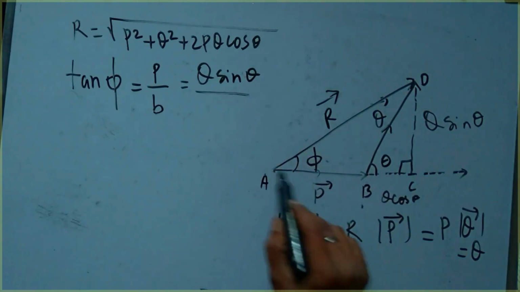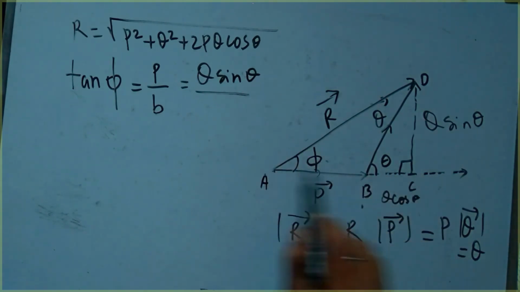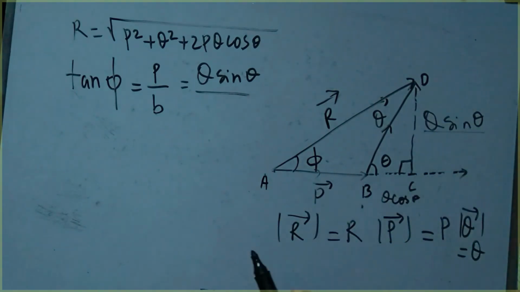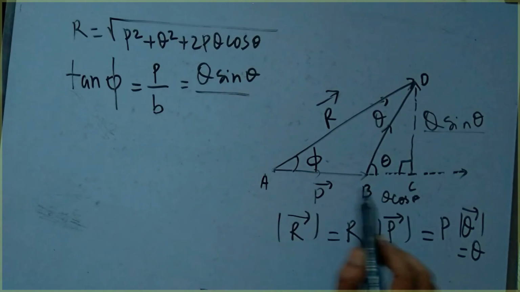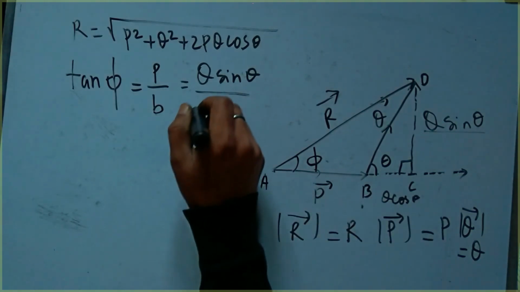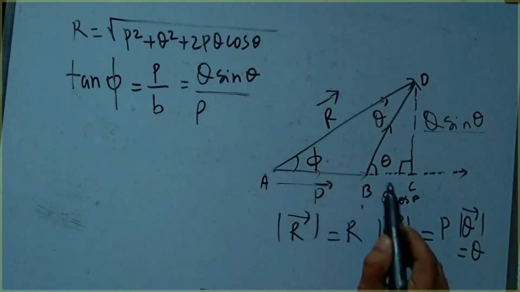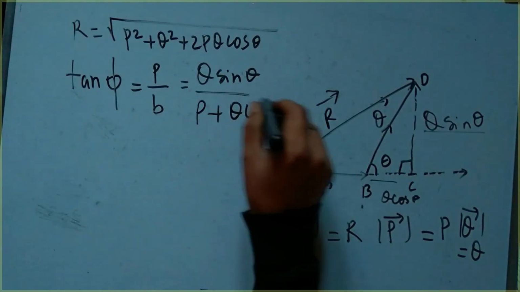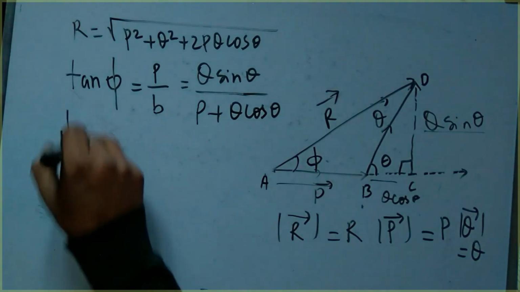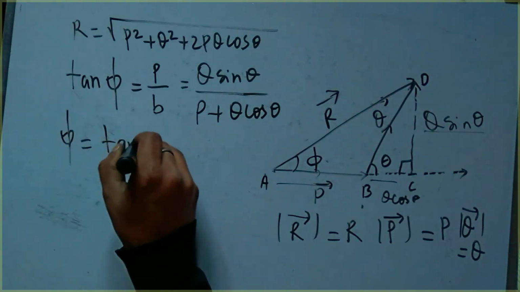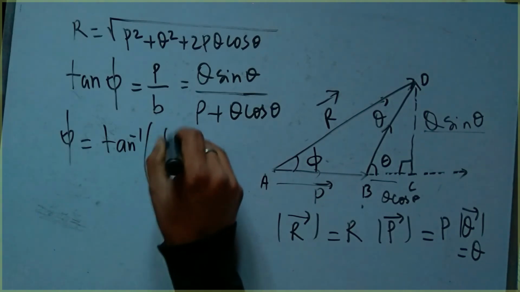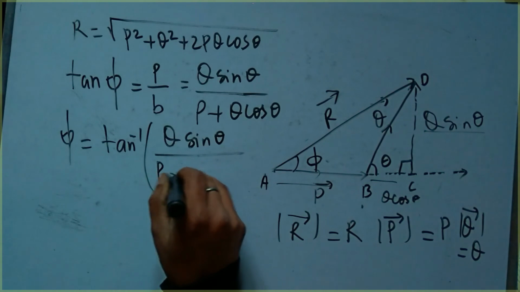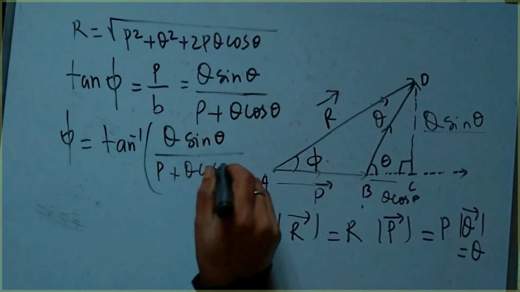We have taken this triangle ACD, so this is the perpendicular, and we have the base, that is P plus Q cos theta. So phi is equal to tan inverse of Q sin theta divided by P plus Q cos theta.